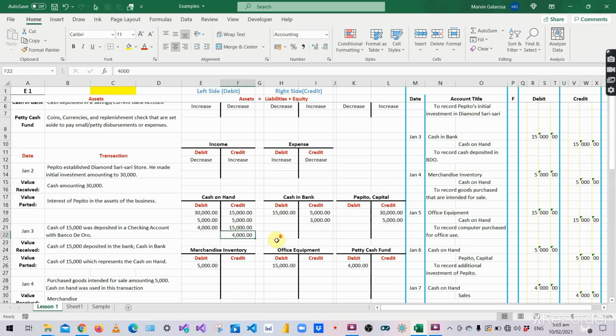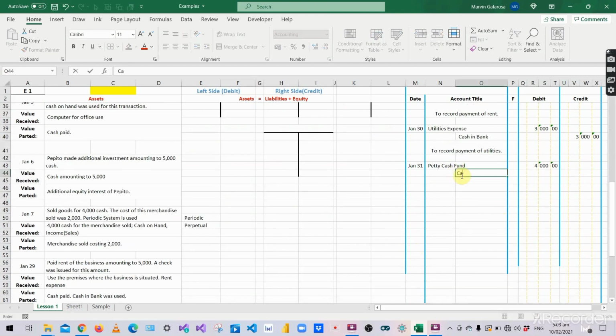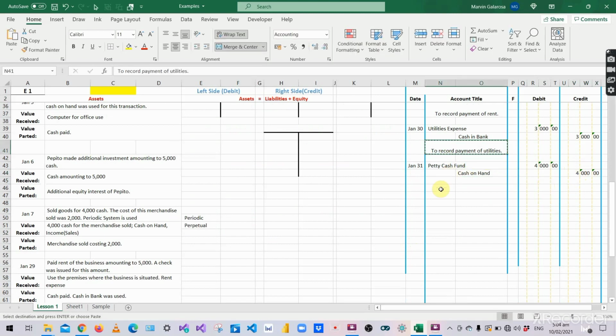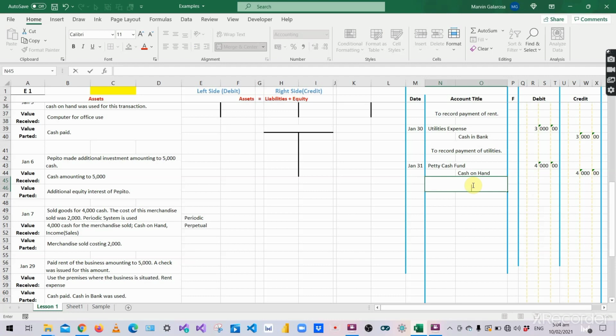And then may credit tayo sa cash on hand na 4,000. Lagyan natin ng description. To record the setup of petty cash fund.